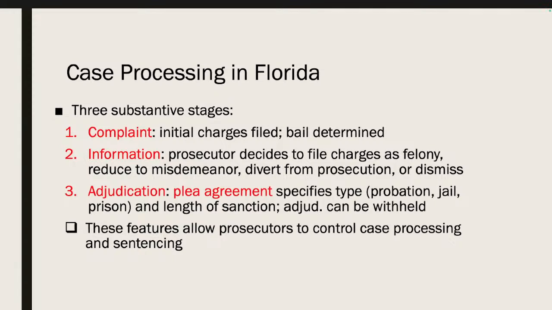In most places in the United States, it is notoriously difficult to obtain data on pretrial decision making, like the first 2 stages, the complaint and information stages. We typically only have data on the sentencing stage, the 3rd stage here. And this makes it exceedingly difficult to study prosecutorial decision making and pretrial decision making more generally.